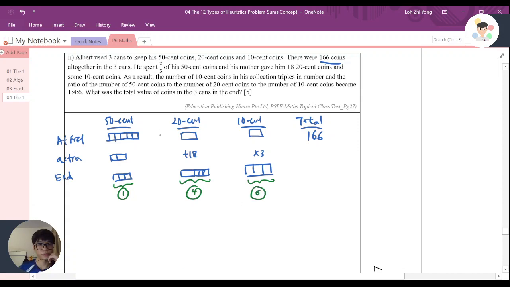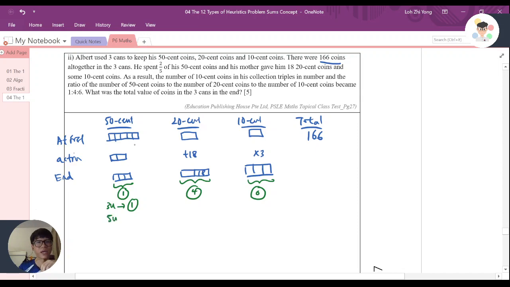Now, 3 units here give us 1. So let's try to make it easier. We times 3 here, times 3 here, times 3 here. Or it might not be that easier, so let me just remove it. All we do is, we know that this 3 units is equal to 1.